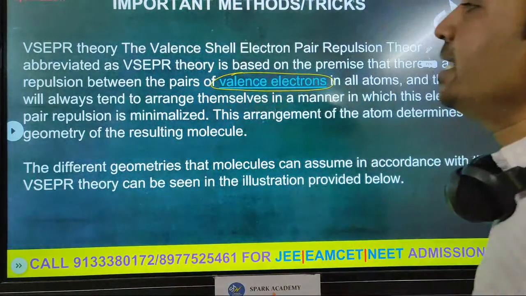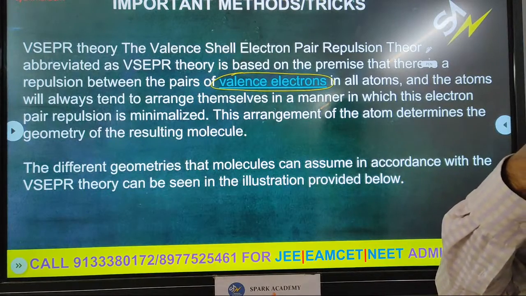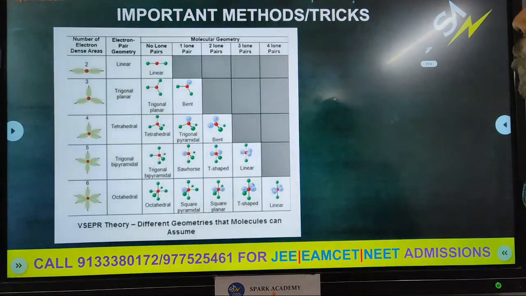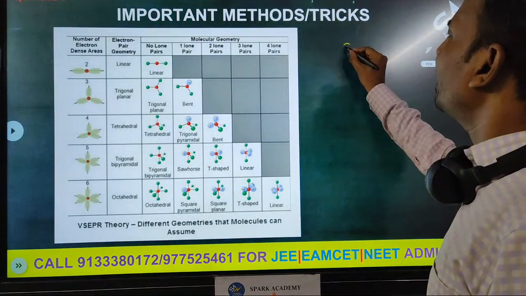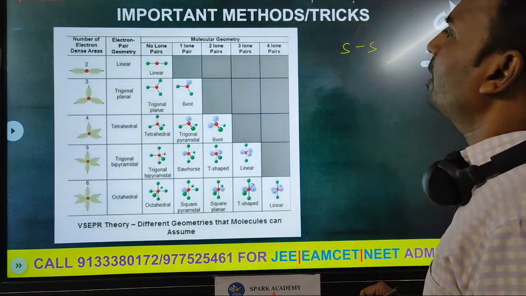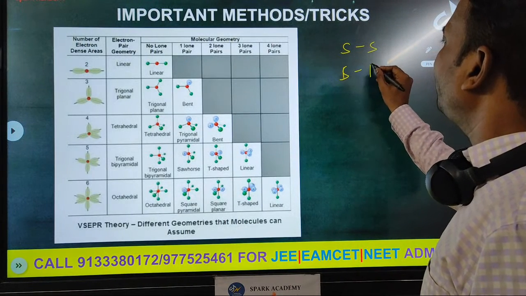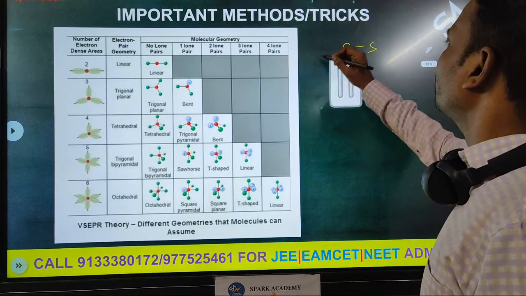What about the electron pairs? Their repulsion is minimized due to the geometry. Now how are the repulsions present? First, s orbital repulsions; next, s orbital and p orbital repulsions, and p orbital repulsions are also present.